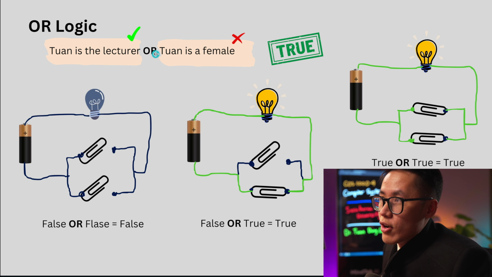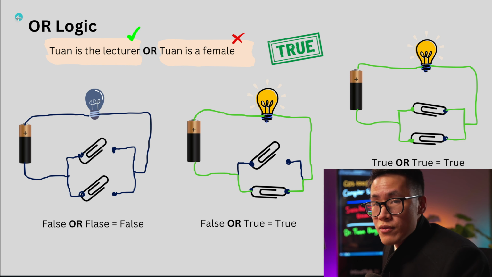So if I have an OR logic, one thing can be true. If one thing is true, then the whole thing will be true. That is the characteristic of an OR logic. Now I can represent that one using this diagram in here. Okay, so I have two gates. So false or false, open and open, equal false.